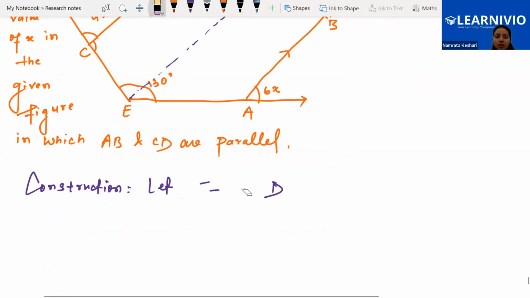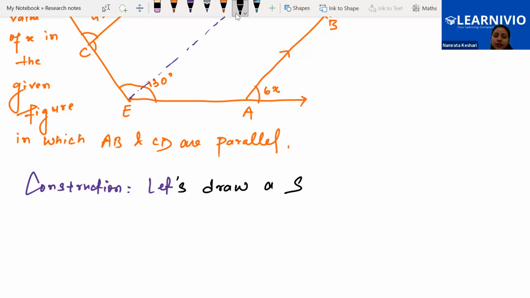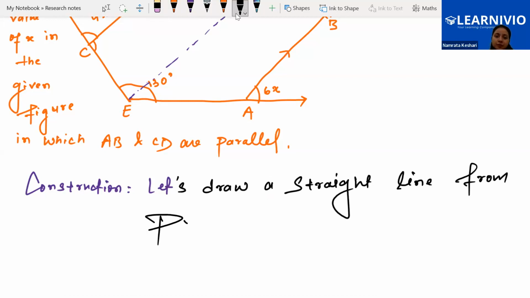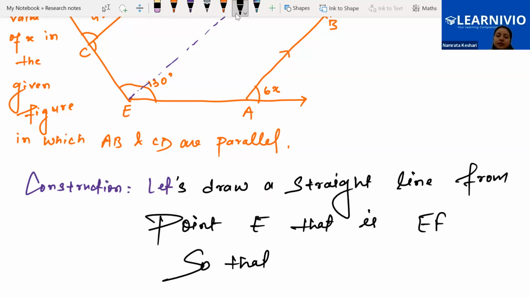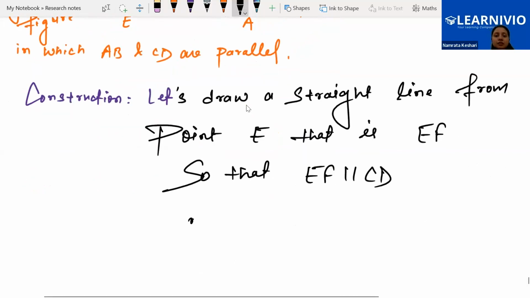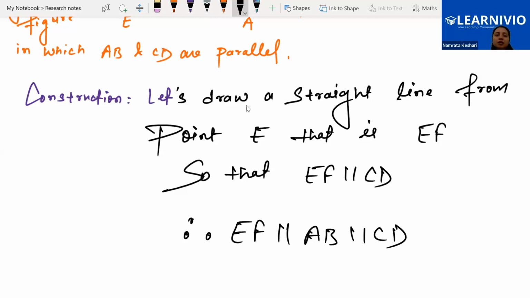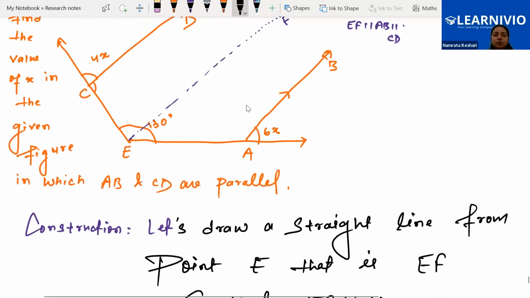Or let's write it in a clear way: let's draw a straight line EF from point E so that EF is parallel to CD. Hence we know that EF is parallel to AB, is parallel to CD. All three are parallel with each other. Here write the theorem that you know already.